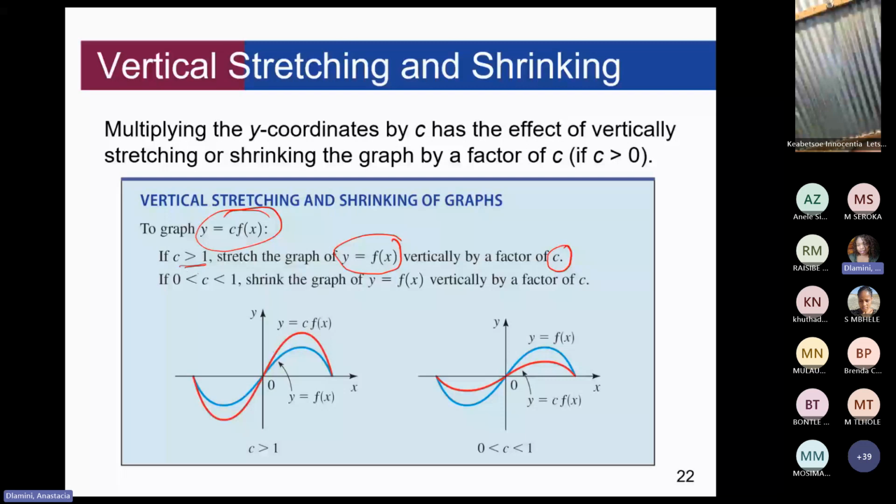If you choose c to be 2, 3, 4, 5, 5.5, you have stretched the graph. Now, if you chose your c to be between 0 and 1, it means you have shrunk the graph. Are we together, guys?